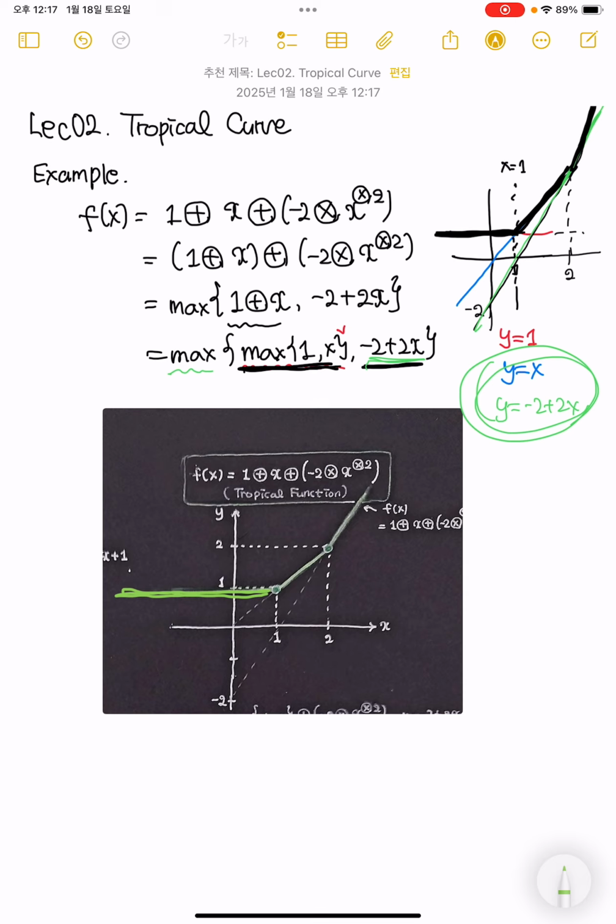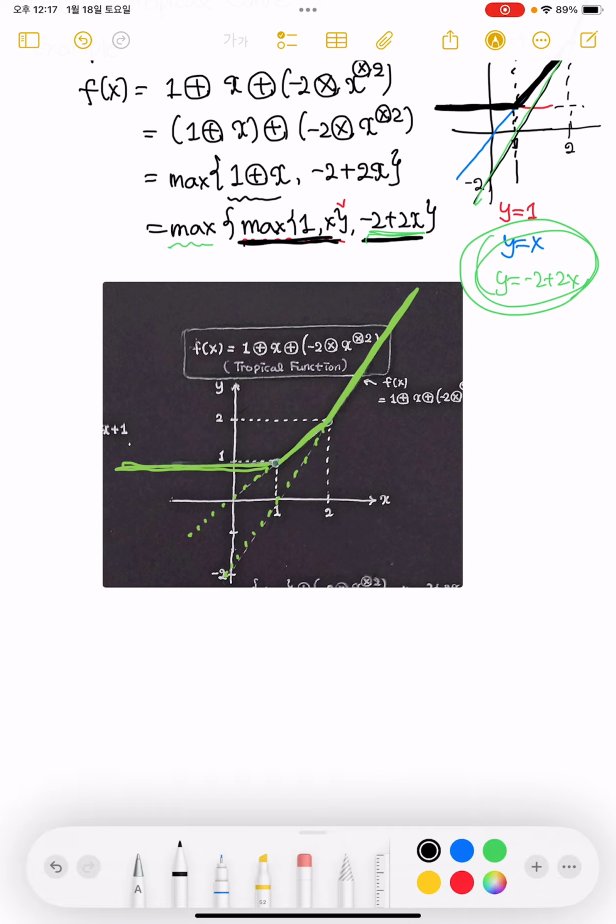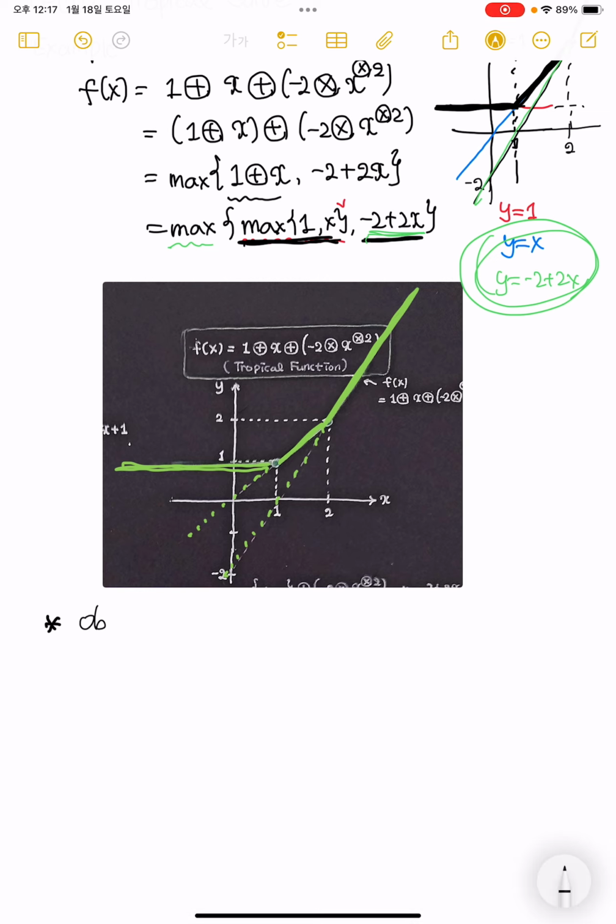If x is between 1 and 2, it is a linear function, that is here, and when x is greater than 2, the graph is the green line, that's here. Okay. Based on this graph, let's see some observations.